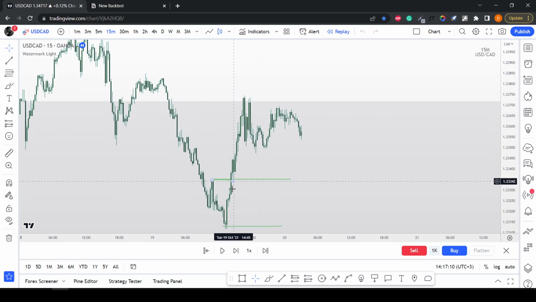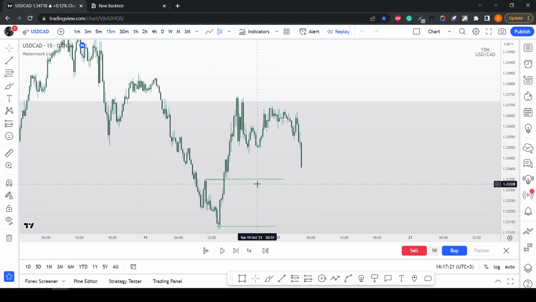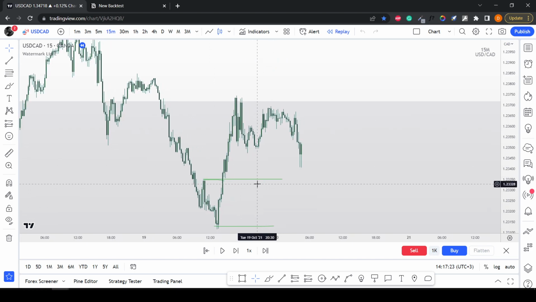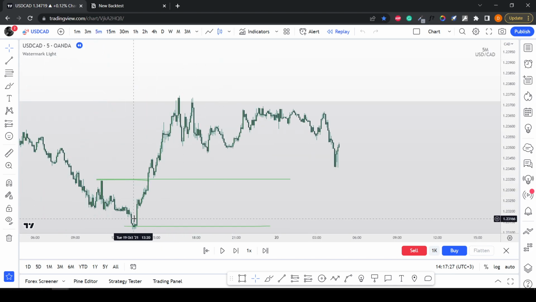So what we have now is this push and inside structure. Again, don't want to act from this inside structure because it's too high up in the impulse and we have something to mitigate below. This is what we are doing right now, and on 5 minutes, of course, it will look like a push up and reaccumulation.